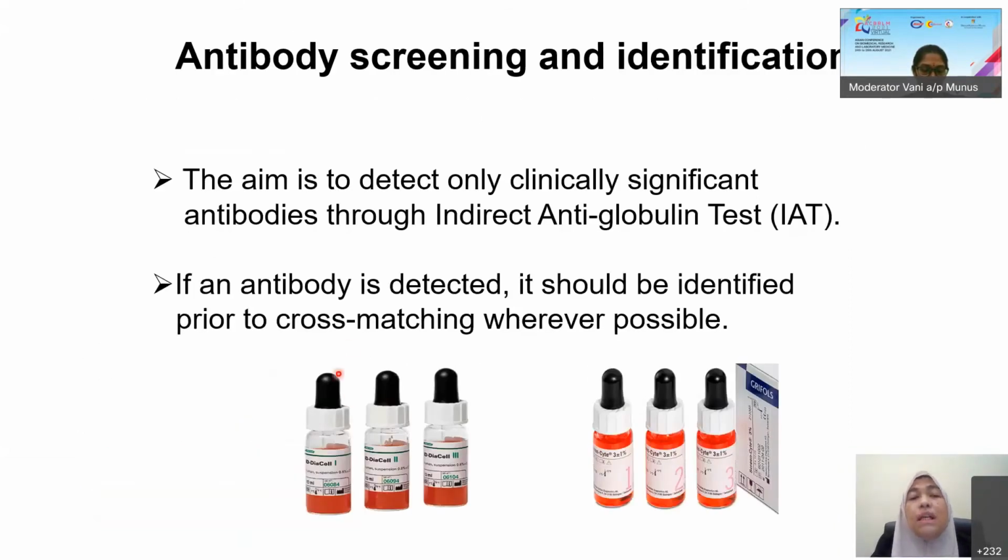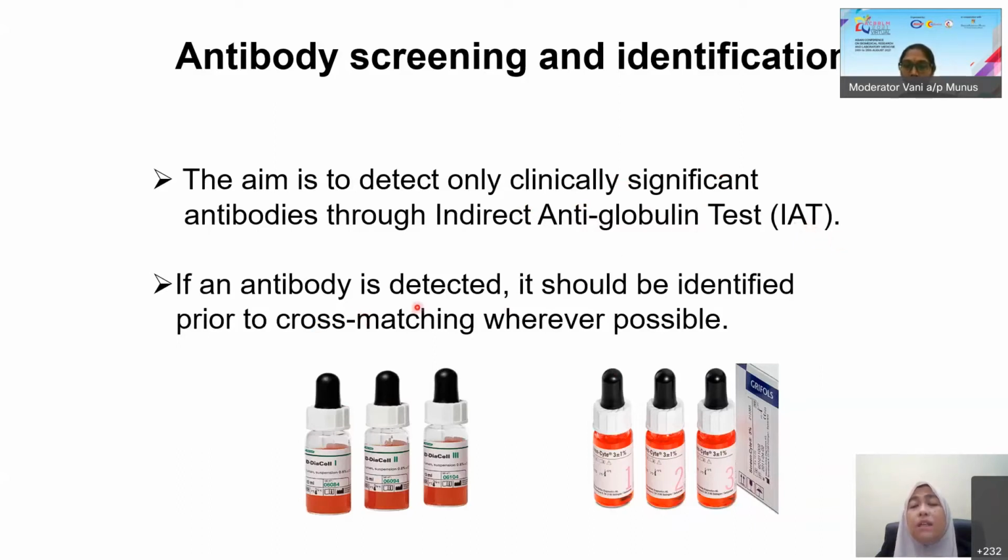What are antibody screening and antibody identification? The aim of this test is to detect clinically significant antibodies through the indirect antiglobulin test, also known as IAT, which people also call the antibody screening test.